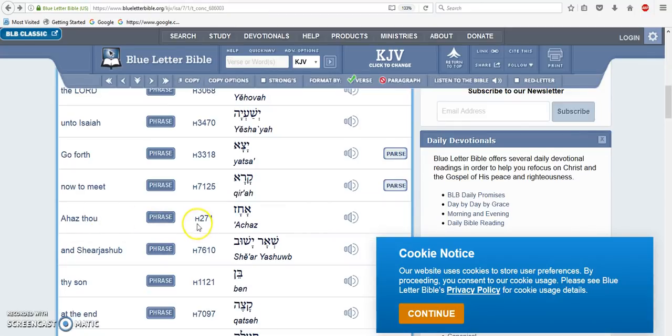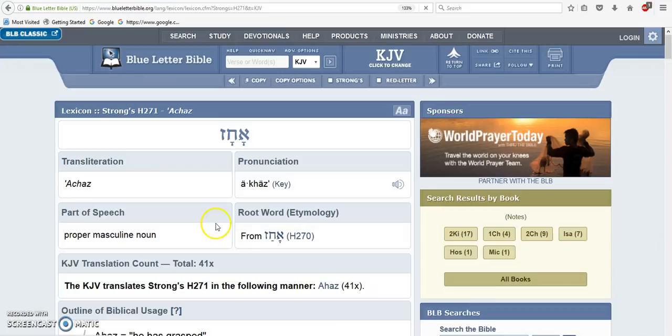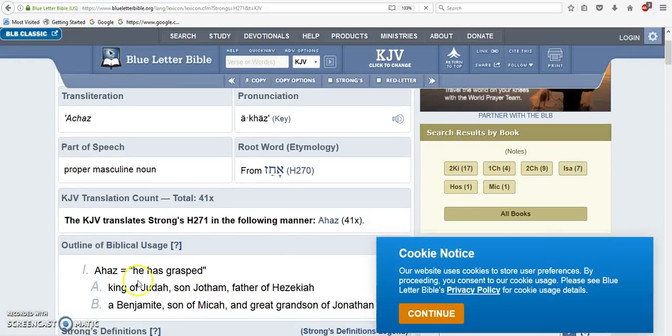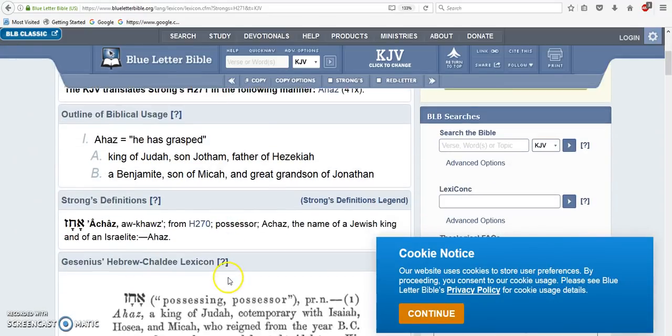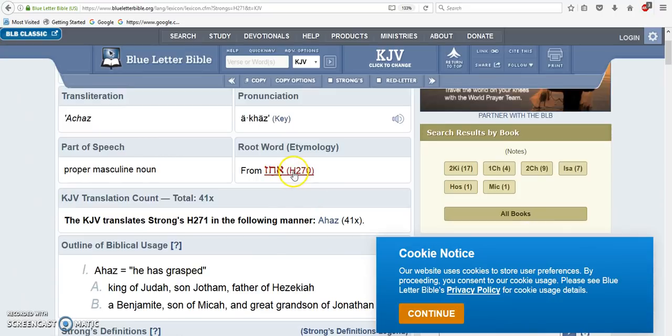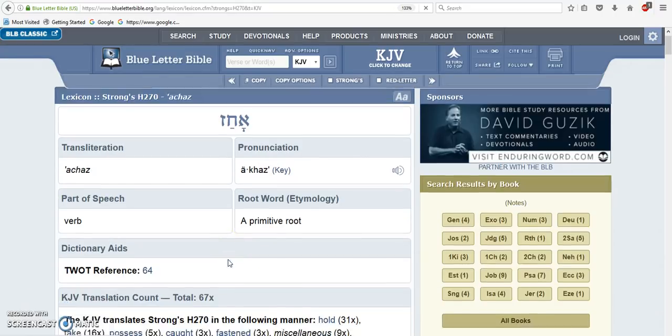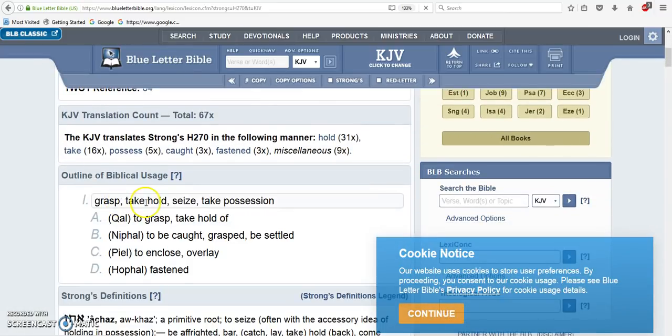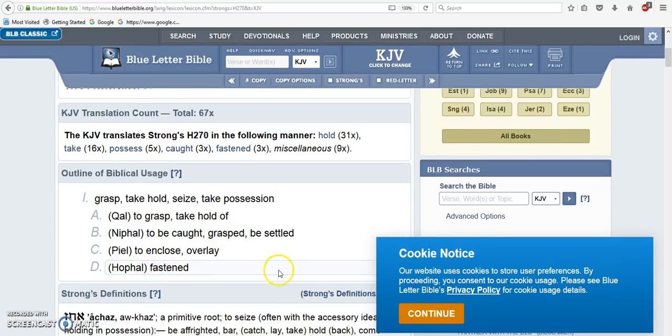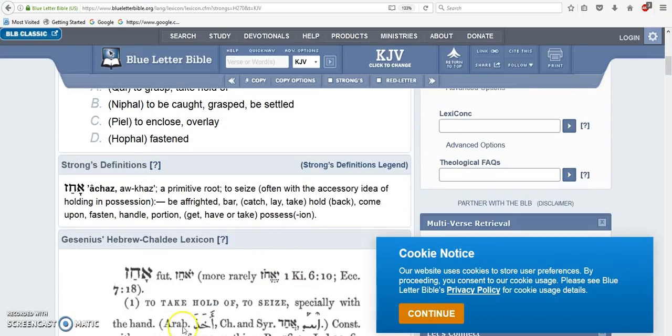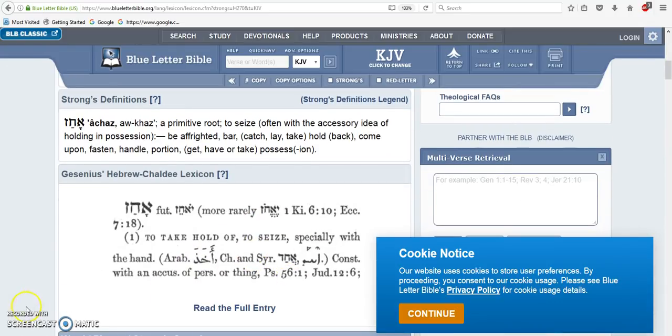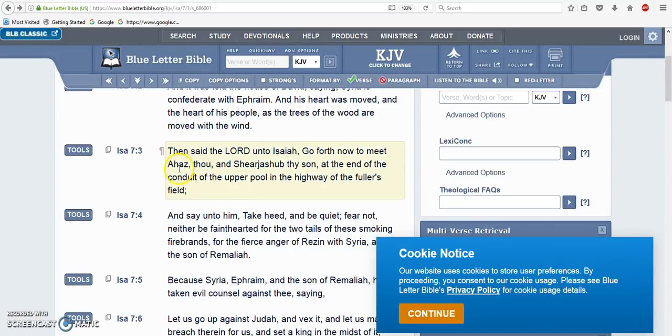I'll go ahead and show you the word Ahaz as well, that means rapture. It's Strong's number 271, which means he has grasped, and it comes from Strong's number 270, which again you have the number 27, which means grasp, take hold, seize, take possession, to be caught, grasped, fastened. Okay, so it basically means rapture.